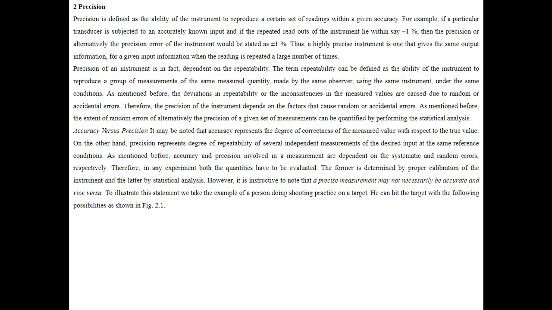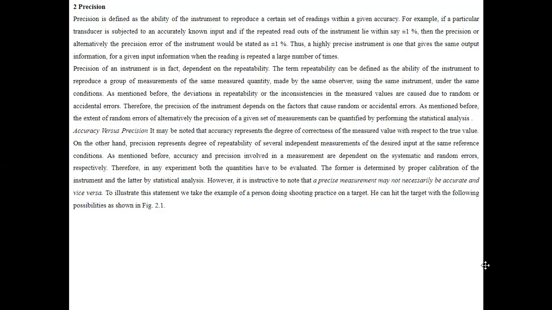Next is precision. Precision is defined as the ability of the instrument to reproduce a certain set of readings within a given accuracy. For example, if a particular transducer is subjected to an accurately known input and if the repeated readouts of the instrument lie within say plus minus 1%, then the precision or alternatively the precision error of the instrument would be stated as plus minus 1%.